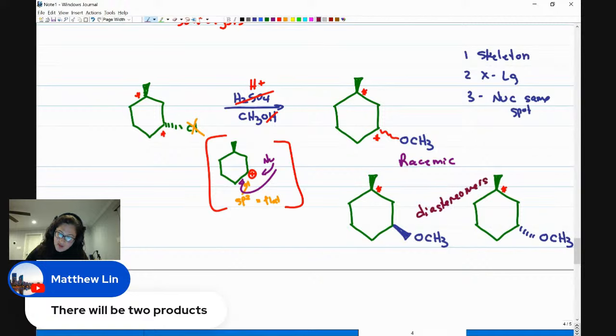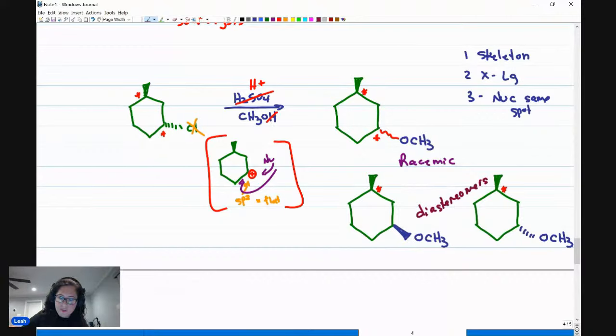Diastereomers, one is the same and one is different, and we get about 50-50. So there's no inversion, there's no retention. Well, technically it's 50% inversion, 50% retention, but that's not the way you answer this question. You answer this question by saying it's racemic in that the nucleophile can attack from both the top and the bottom. So this is 2 products for an SN1 reaction specifically.